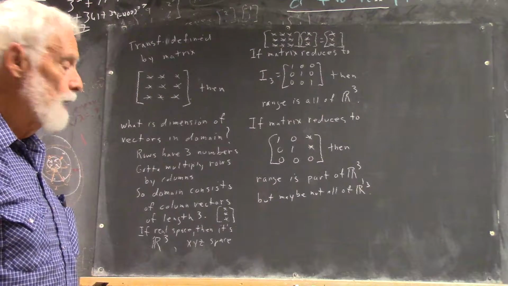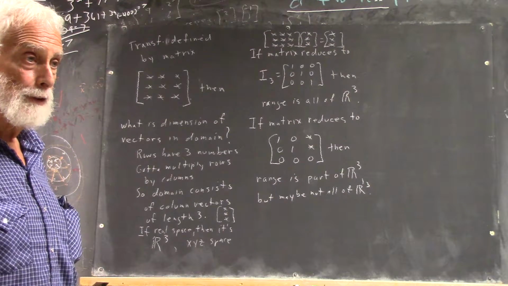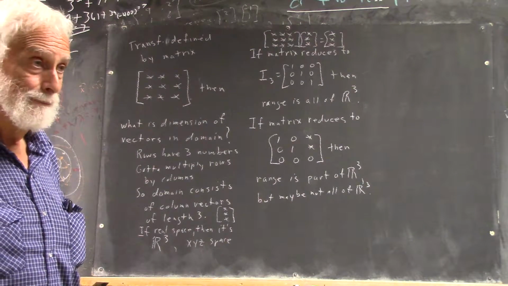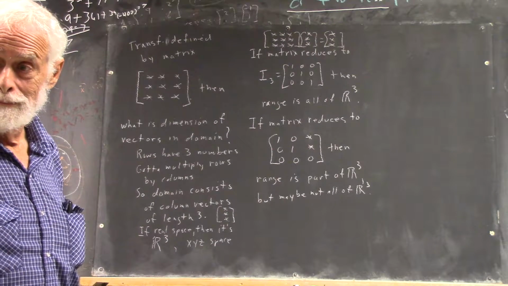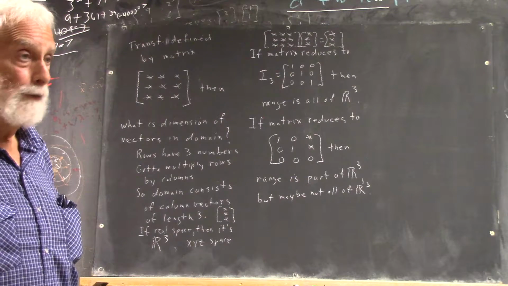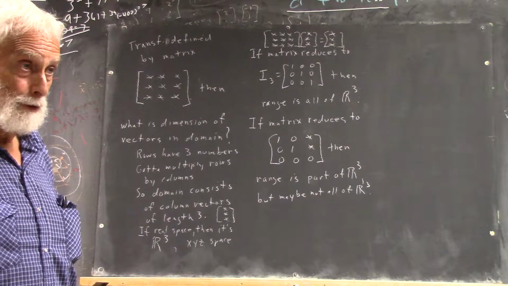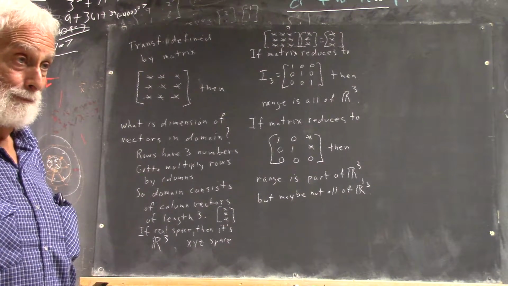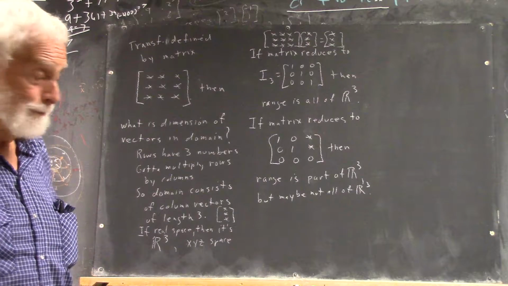So what do you conjecture by analogy with what we just saw? It looks like a plane. You could go that far. One thing you could conjecture is that it's not all of R3.